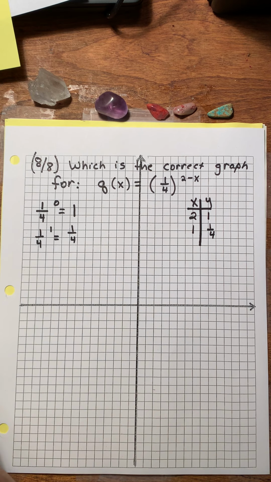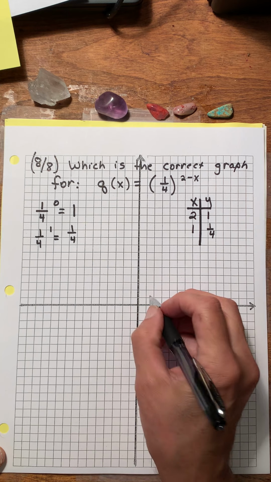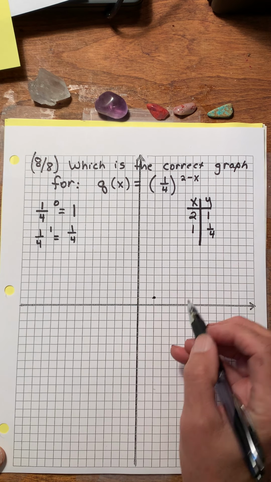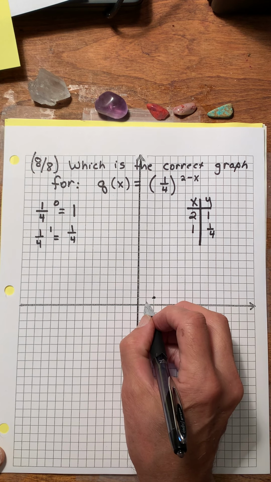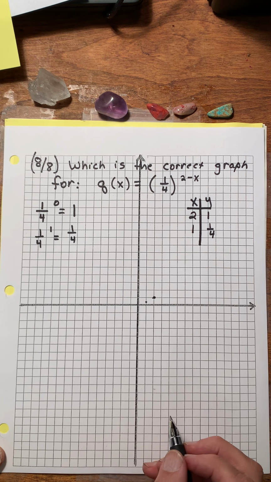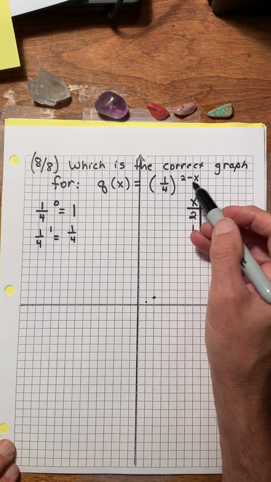So here's what I would do. I would plot these 2 points. X is 2, y is 1. X is 1, y is 1/4. Is that enough to let you know what it's going to look like? Let's do one more just for grins here.